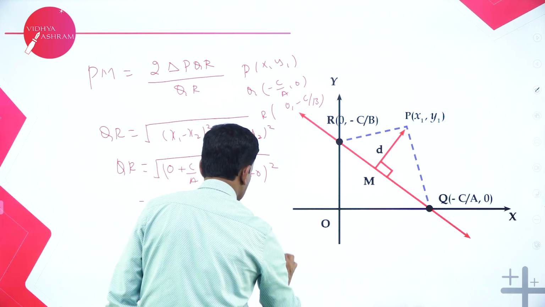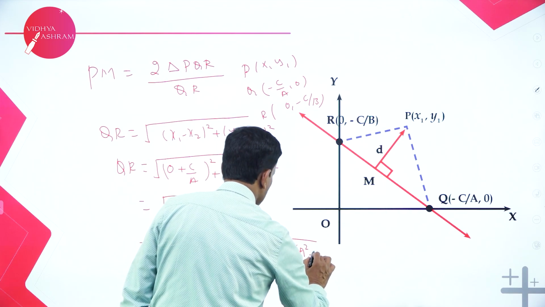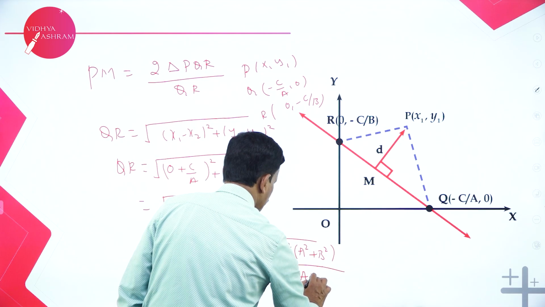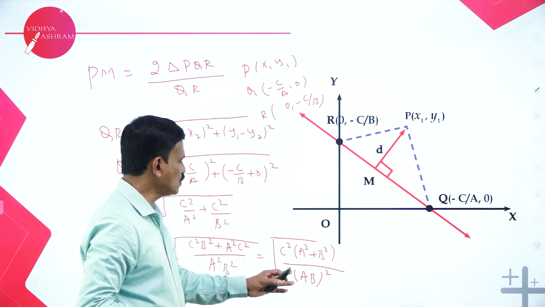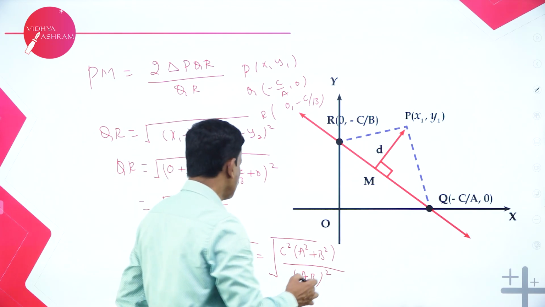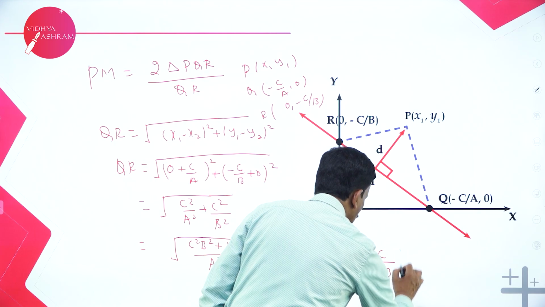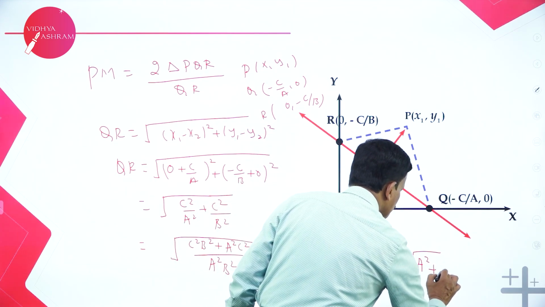Root of c square into (a square plus b square) divided by ab whole square. So, you can take the square root of c square as c, and the root of ab whole square is ab. So, we can take mod c by ab out into root of a square plus b square.